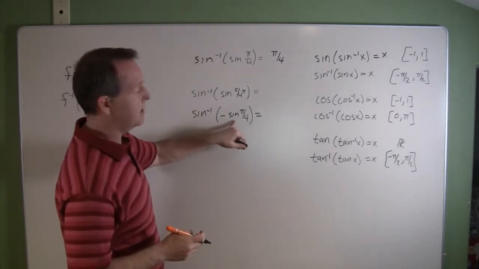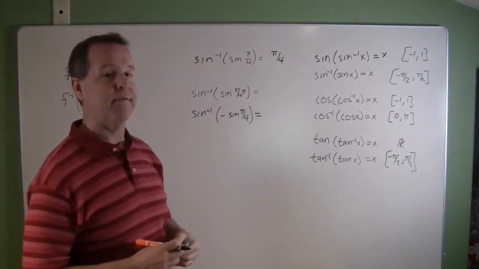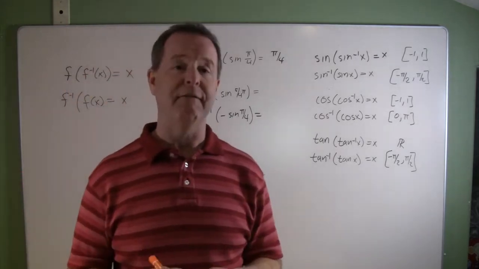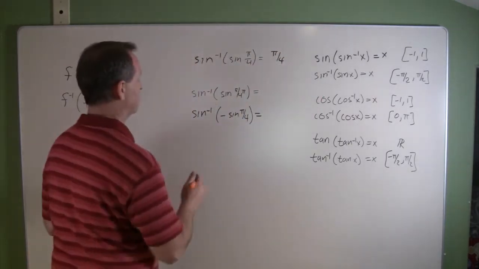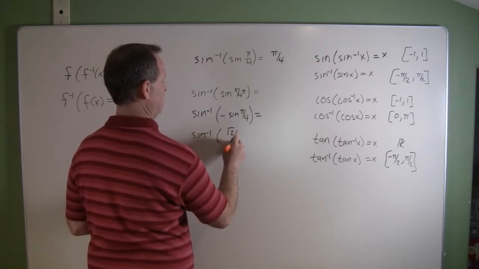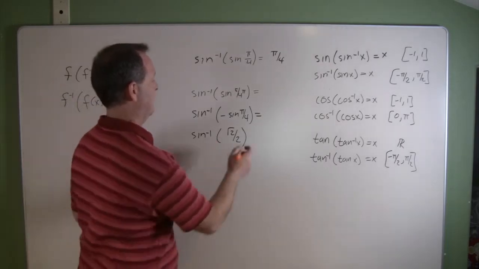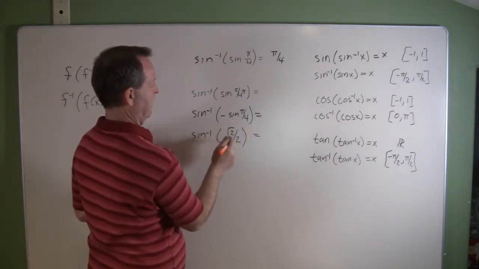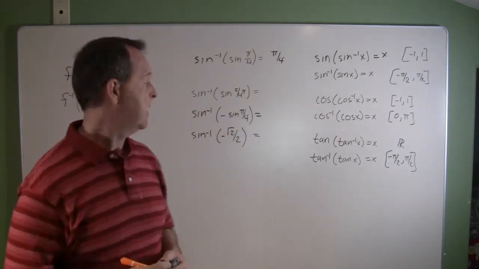So now the question is, I want to find out what the value of minus the sine of π/4 is. What was that value? That value is √2 over 2, and it's a negative right there because it was in the third quadrant, so all my signs are negative in the third quadrant.